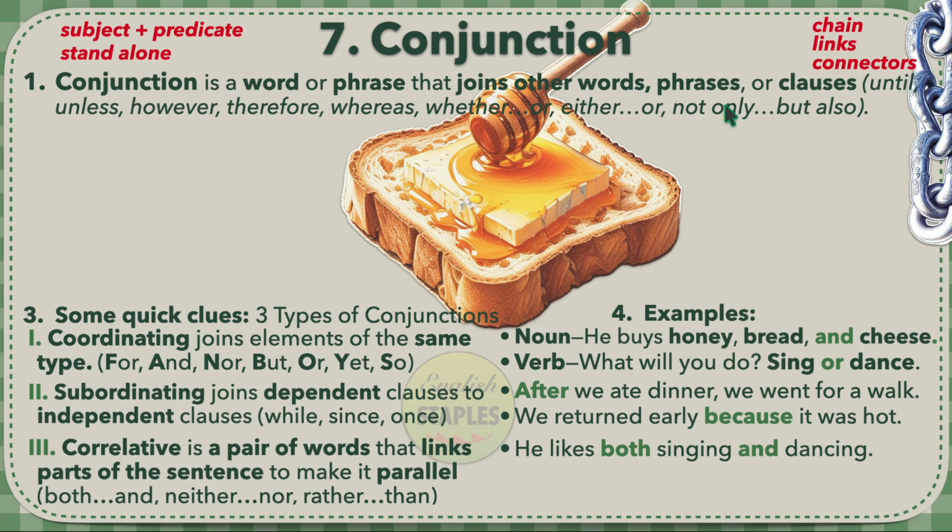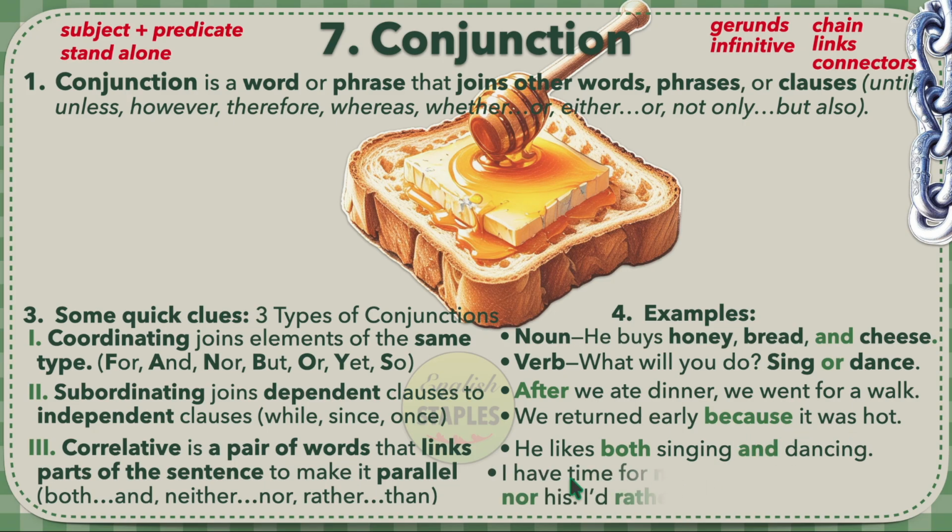We cannot say he likes both singing and to dance, which is an infinitive. We cannot say that because then the sentence would not be balanced. It would not be parallel. We could have to sing and to dance. That would be okay. The sentence would be parallel if we have to sing and to dance.